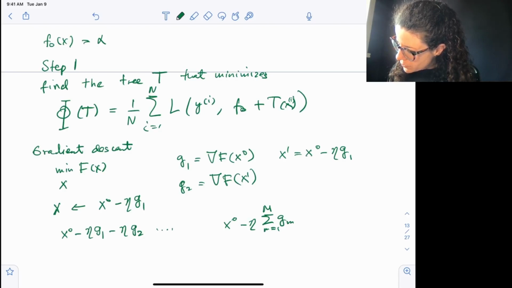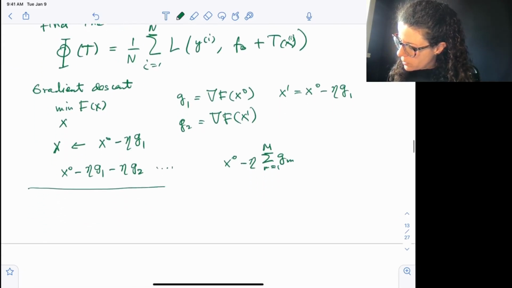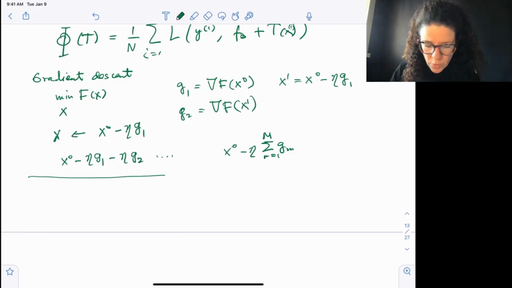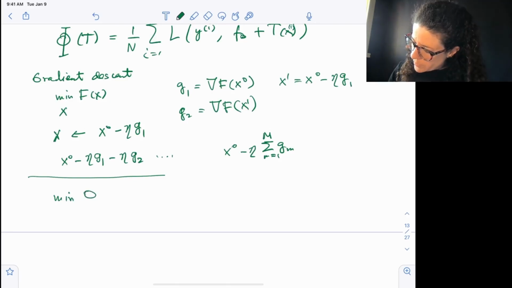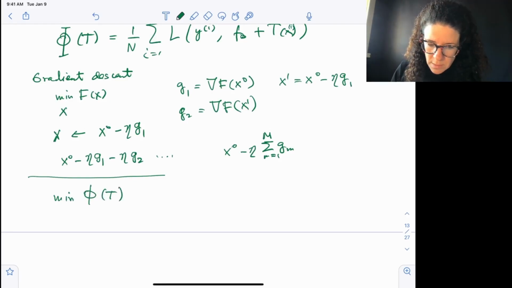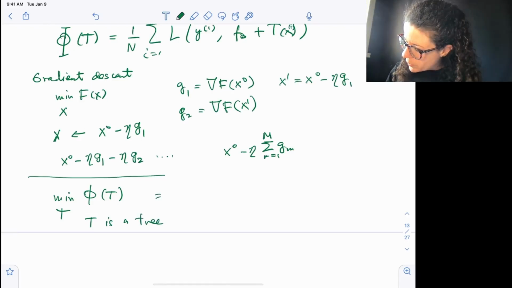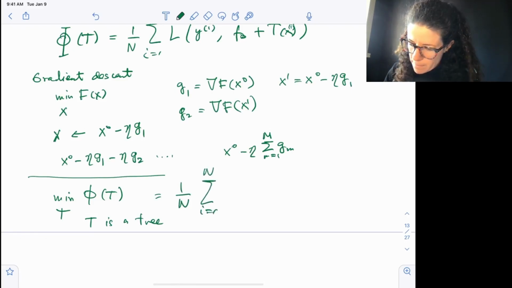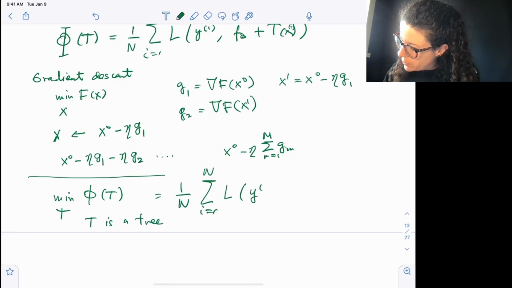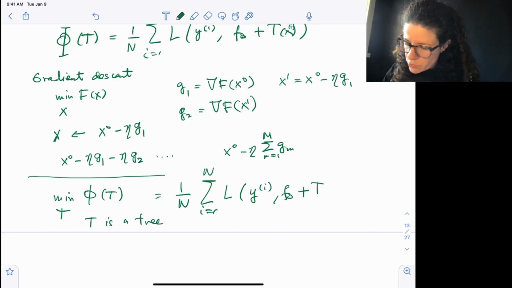Let's write down what we are trying to optimize: the minimum of this phi of t with respect to t, where t is a tree. This phi of t, if you remember, is just the loss function. Currently we have a constant function f0, and then we're trying to find the next tree.